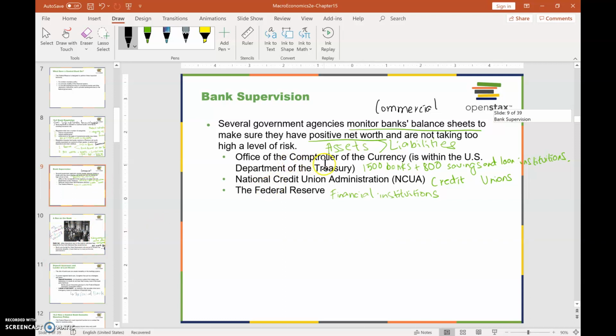We have the Office of Comptroller of the Currency supervising 1,500 banks and 800 savings and loan institutions. Then we have the National Credit Union Administration supervising the credit unions, and the Federal Reserve supervising the financial institutions.